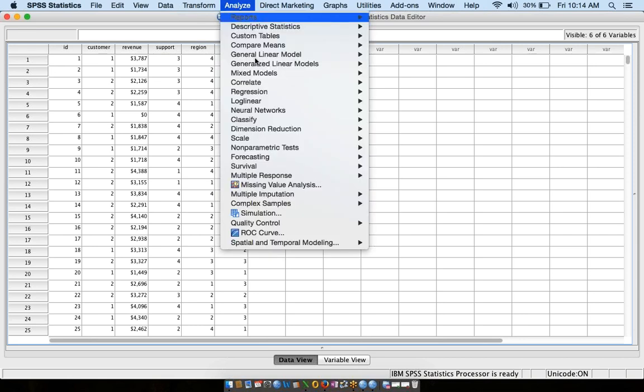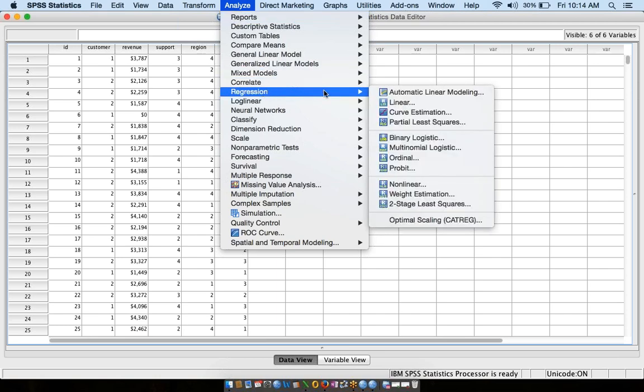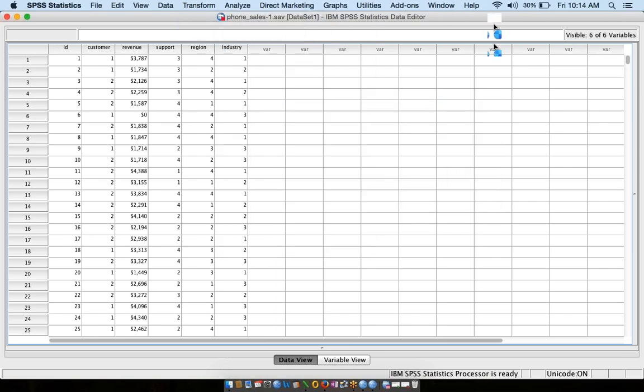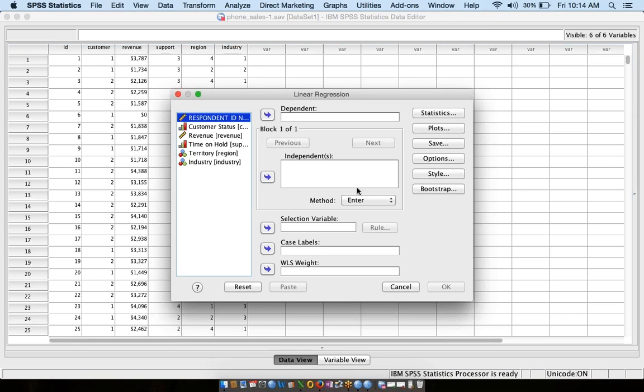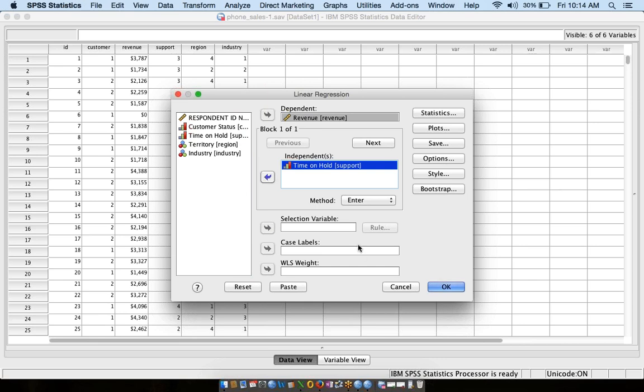All right, I'm going to go to Analyze, Regression, Linear, and the dependent variable is revenue, and the independent is time on hold. We're going to leave the method as enter.